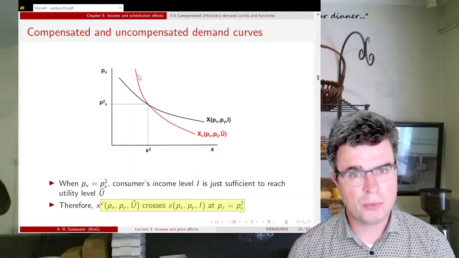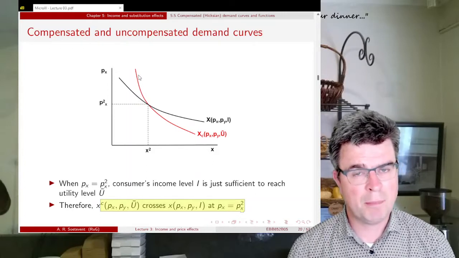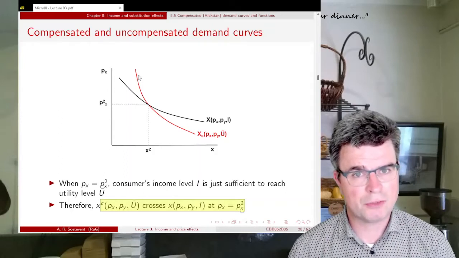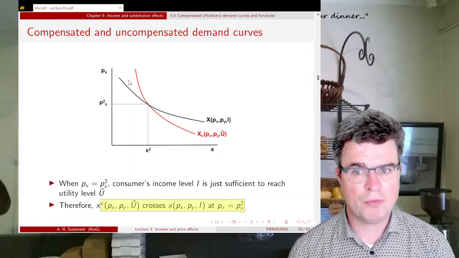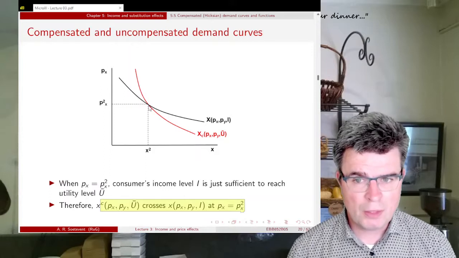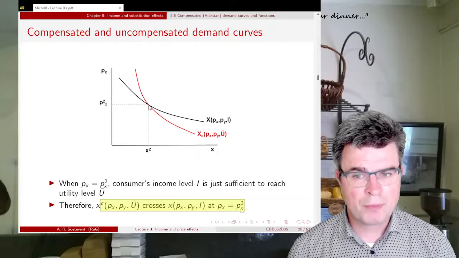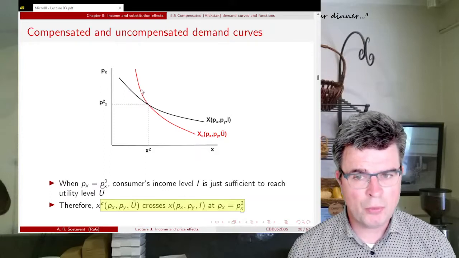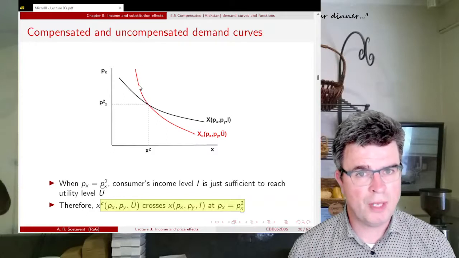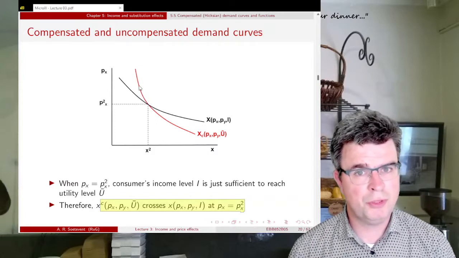It doesn't take into account the second impact of the increase of the price of good X, being the income effect. So the compensated demand curve will show you the decrease in the demand for good X as a result of the substitution effect.